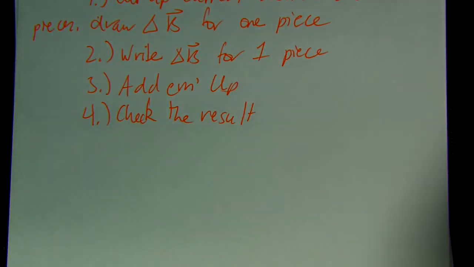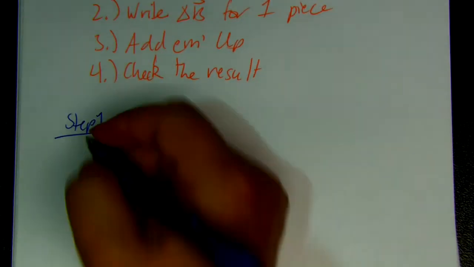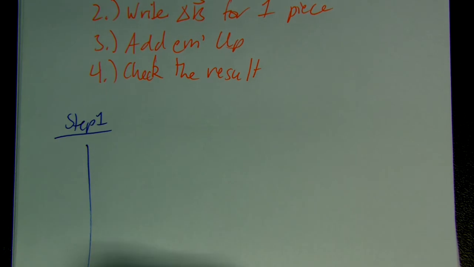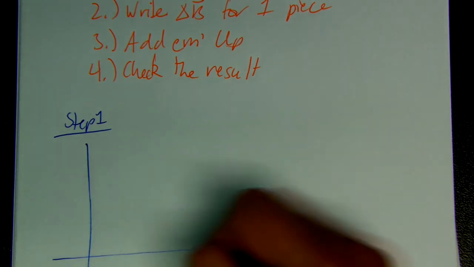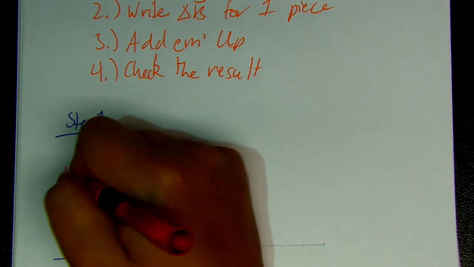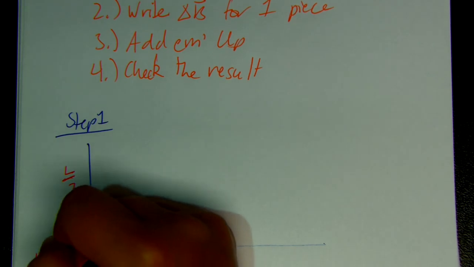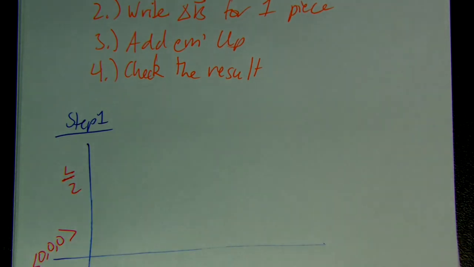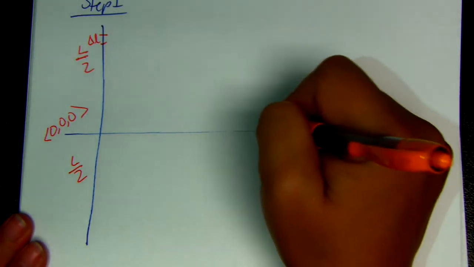All right, so we're going to take this approach with a long, straight wire. Very, very long. So we would have some length L, and we're going to put the origin right at the middle. And so we would have little chunks of this wire, delta L. Let's say we're going to observe right here.